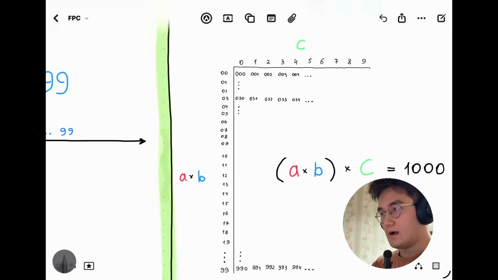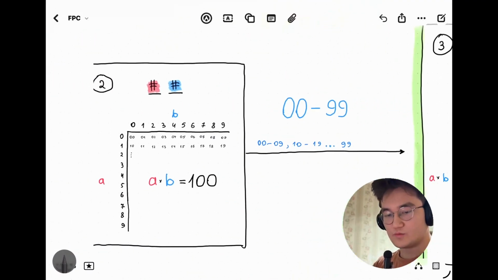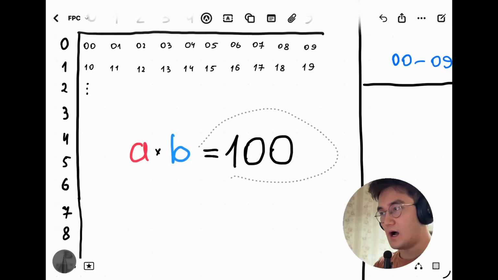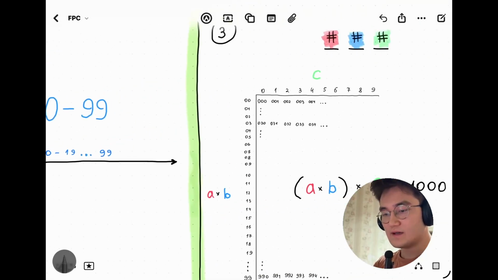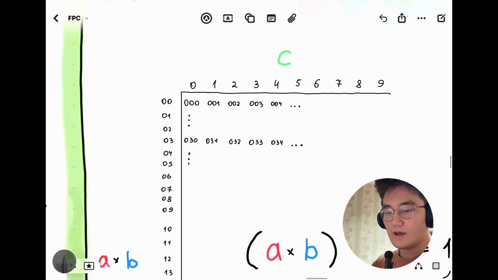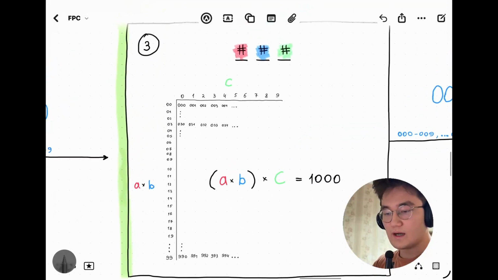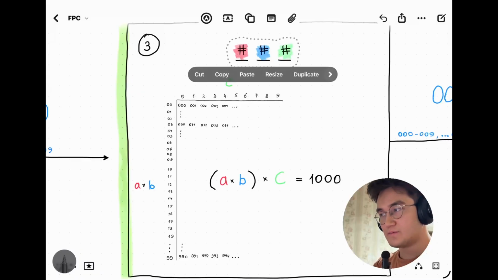On one axis we have a multiplied by b, which gives 100 different options, and on the other axis we have 10 different options. If we multiply them, we get 1000 different passcodes when we have 3 slots.